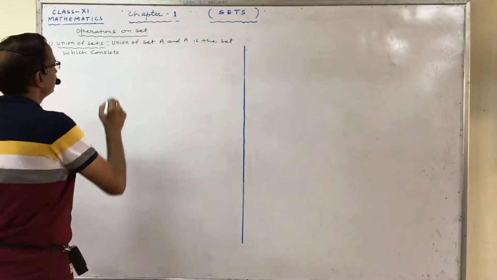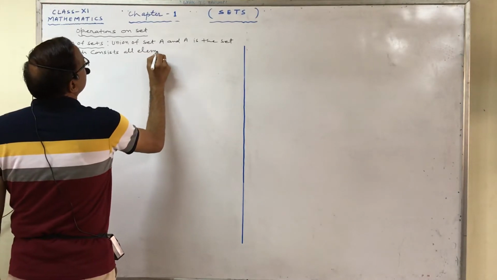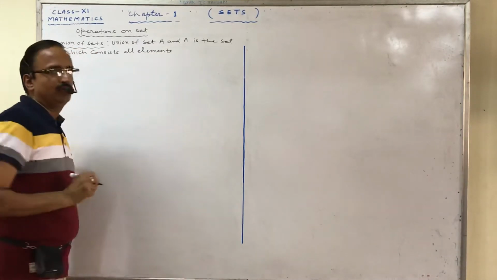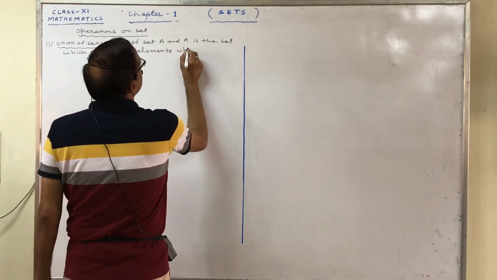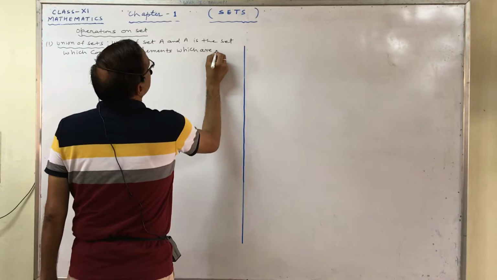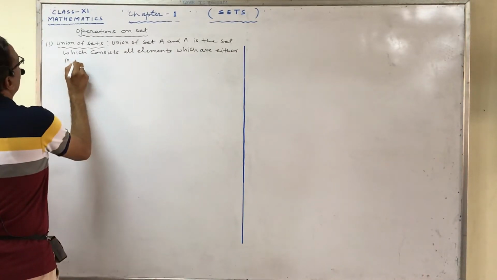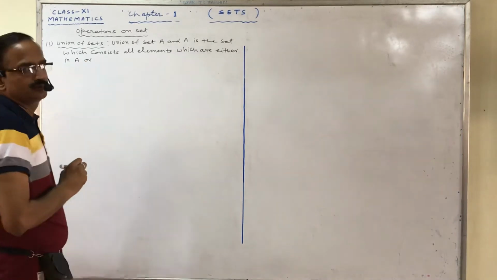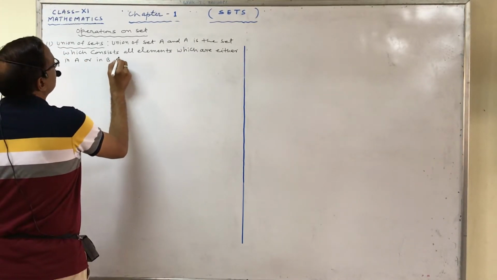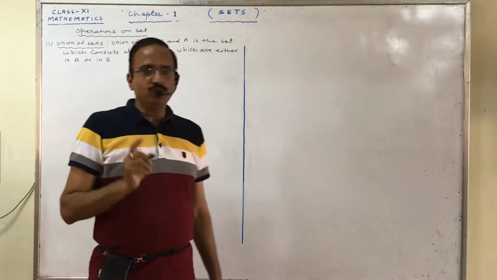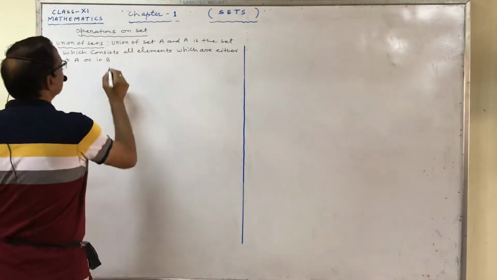of all elements which are either in A or in B, and including those which are common in both. This is the condition.